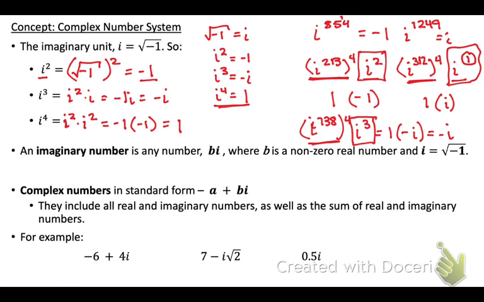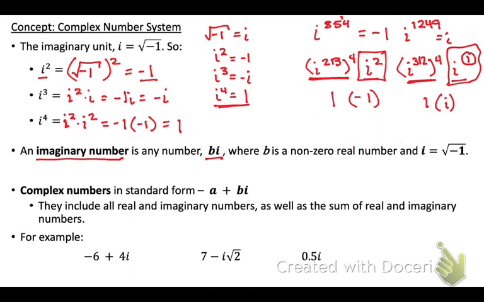Okay, so imaginary numbers. I kind of discussed it already. An imaginary number is BI. B is a non-zero real number, and I is equal to what?